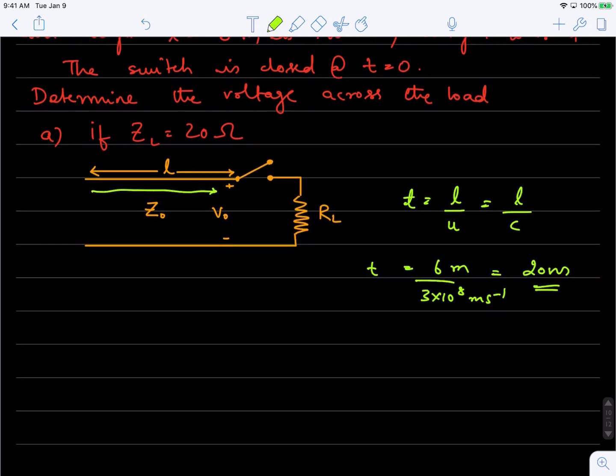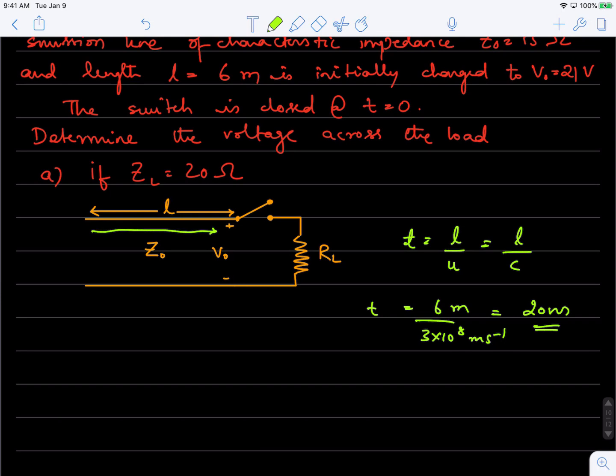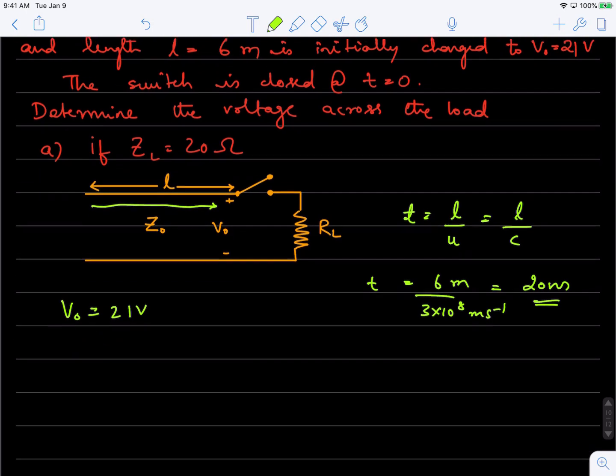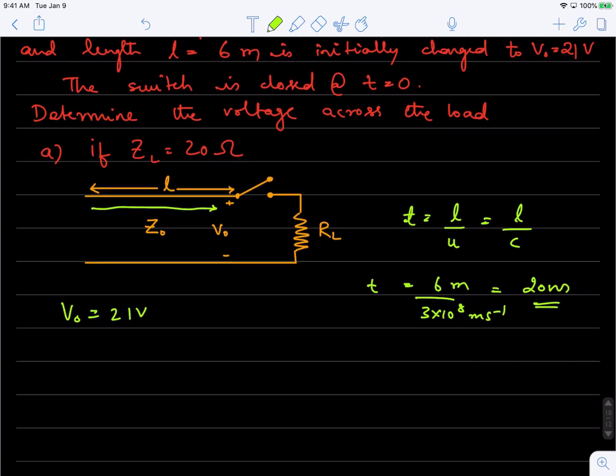Now we're given that the initial voltage V naught equals 21 volts. Let's also calculate what gamma L would be if RL was connected to the circuit.